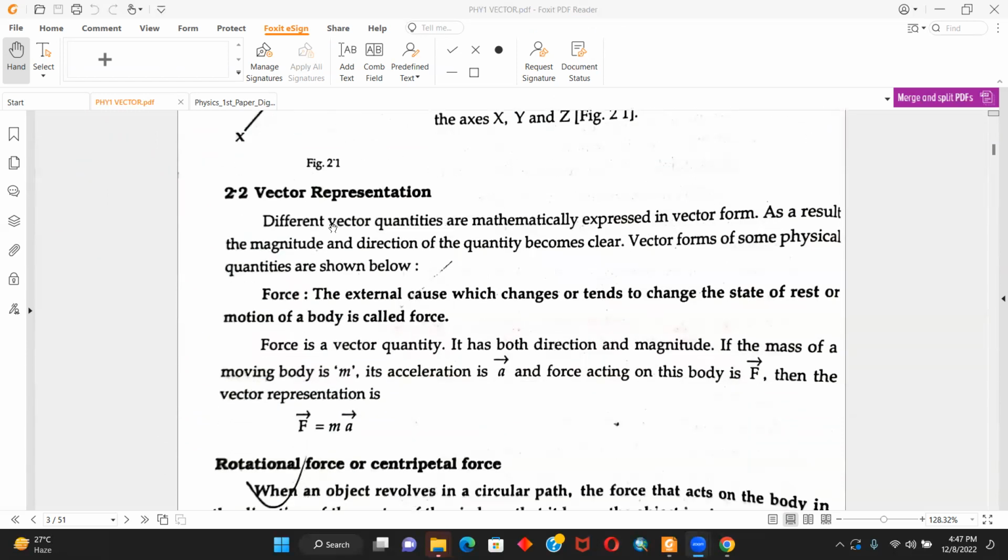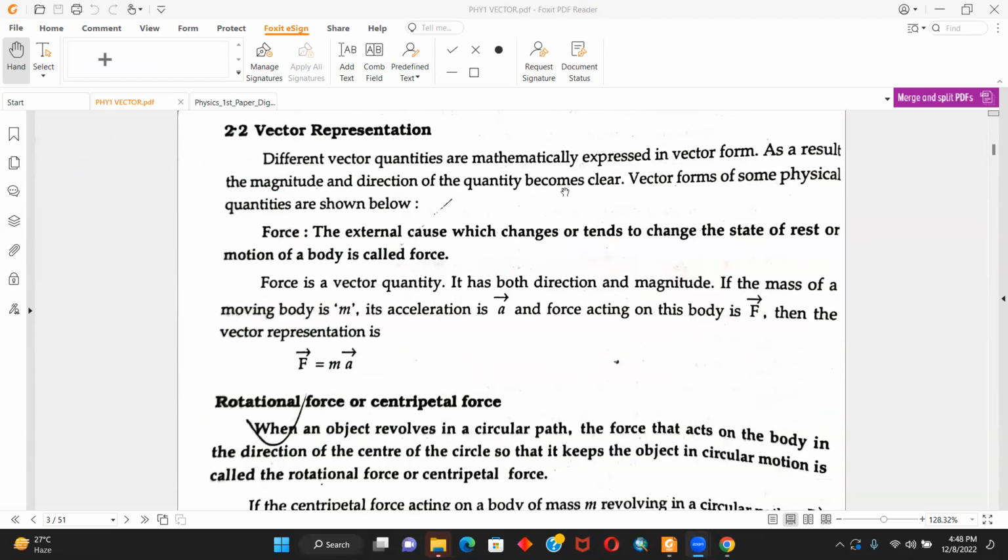Now, vector representation. Different vector quantities are mathematically expressed in vector form. Say for instance, force. The external cause which changes or tends to change the state of rest or motion of a body is called force. We previously read about force.